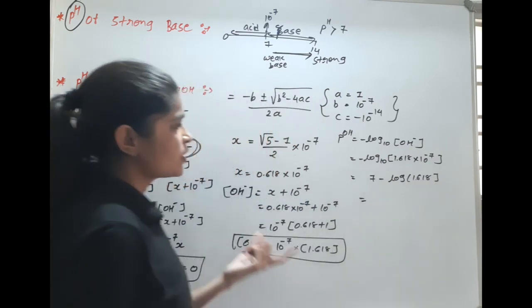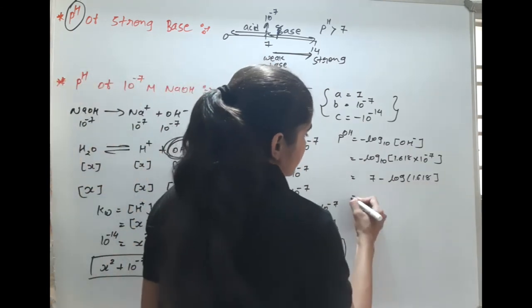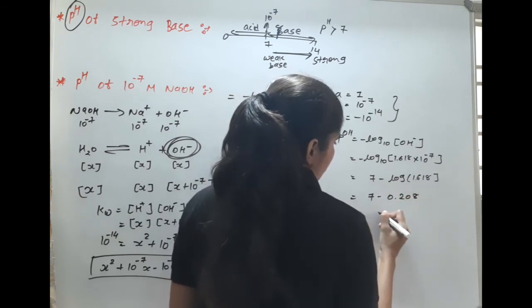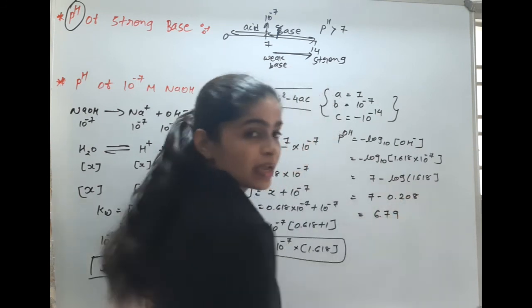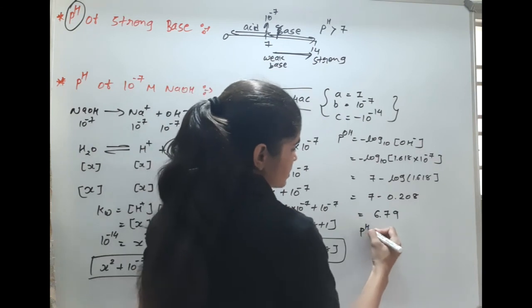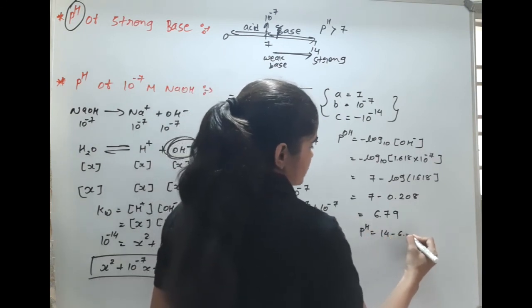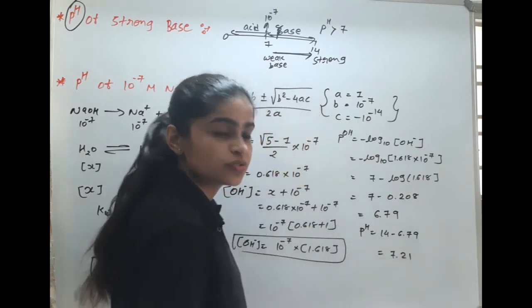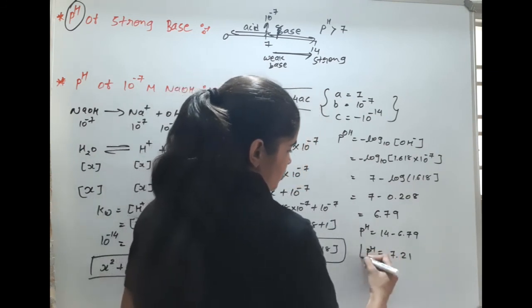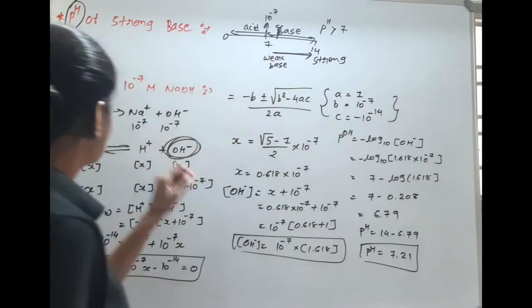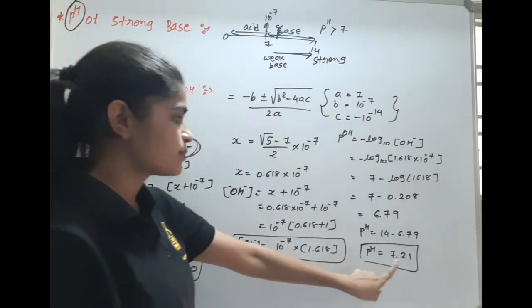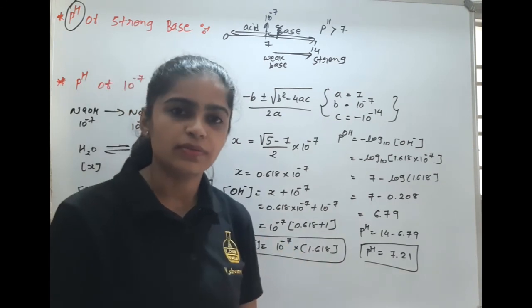So 7 minus 0.208. This value is 6.79, and pH is equal to 14 minus 6.79. So this gives the 7.21 pH value. So that way the pH of 10 raised to minus 7 molar NaOH is 7.21.